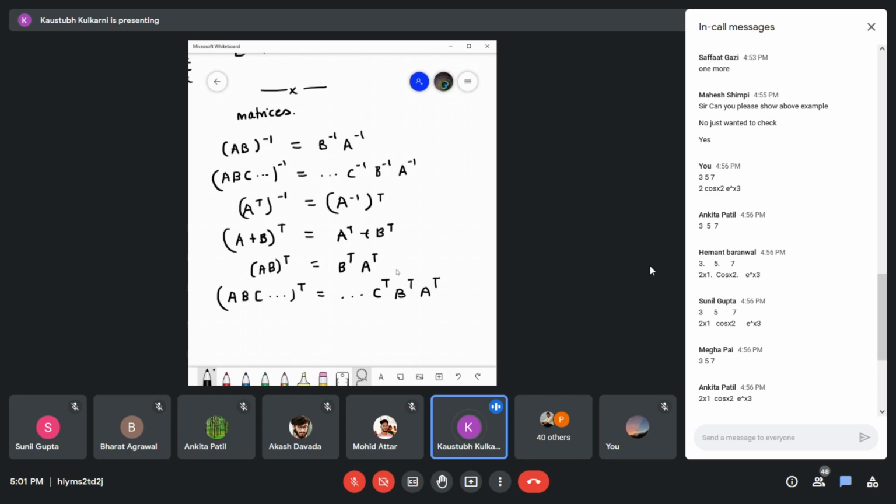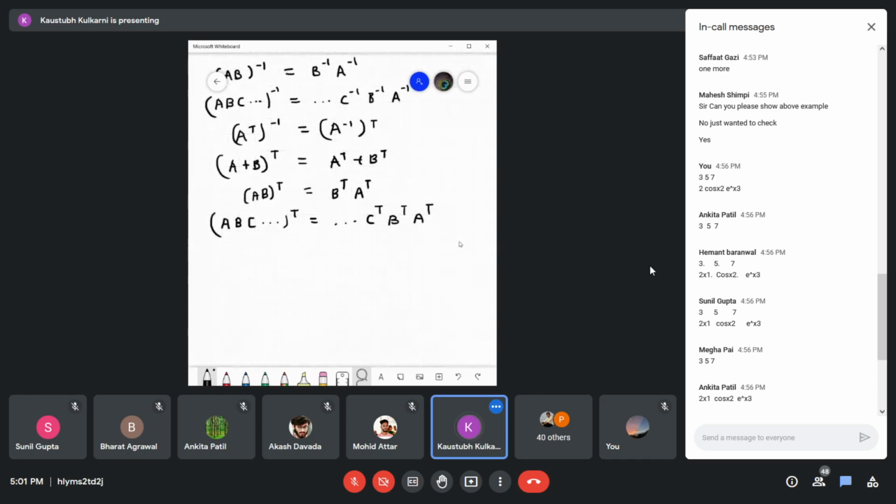Then we had learned about the trace of a matrix. What is the trace of a matrix? Anybody can just answer quickly. Sum of the diagonal elements. Exactly, correct. So trace of A is nothing but the sum of all the diagonal elements.